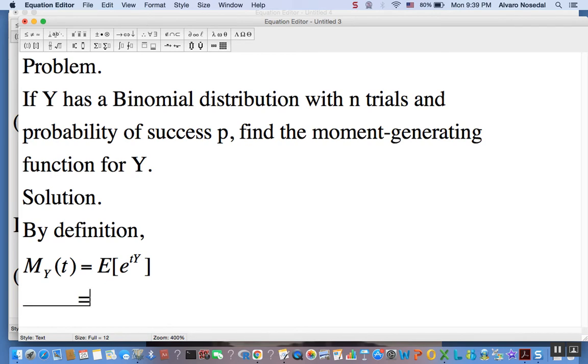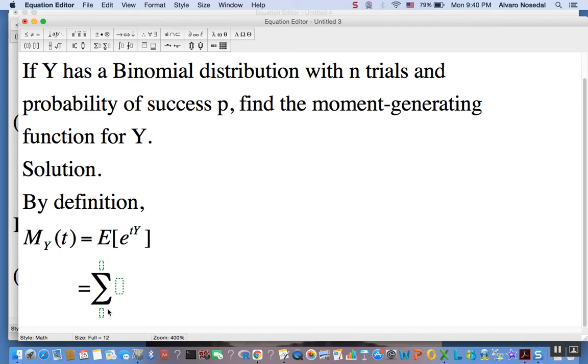Now remember from what we have been doing regarding expected values, when we want to find the expected value of a generic function g of y, in the discrete random variable case, it would be the sum of g of y times the probability mass function. So we have the sum for all possible values of y.